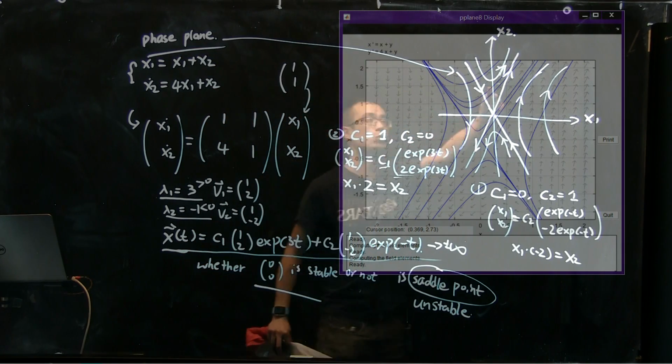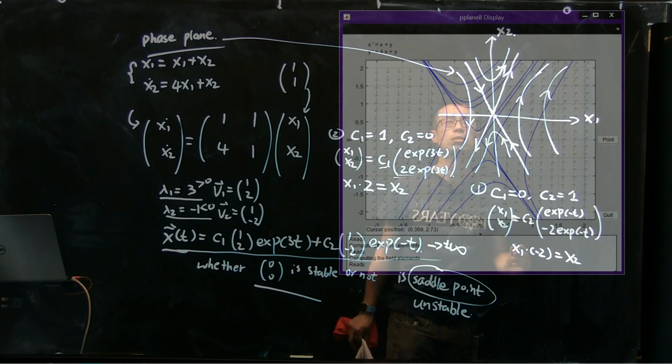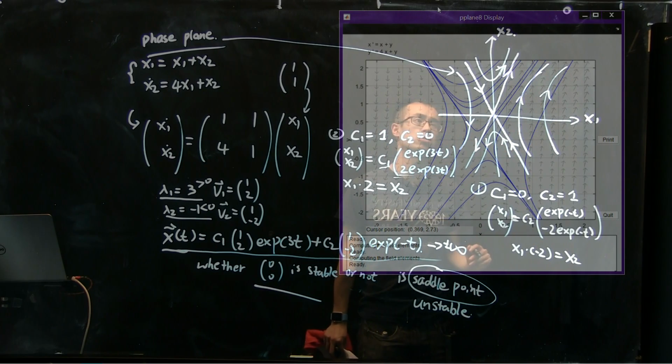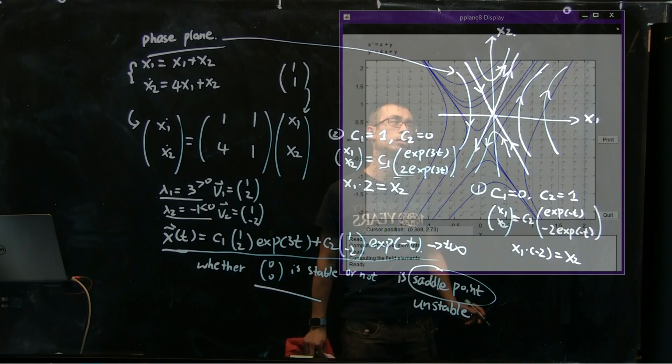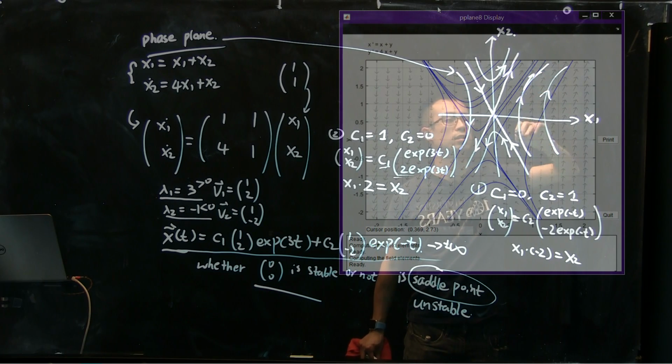But for this case, we don't have arrows, and I just plot some sample trajectory solutions like this, and every trajectory right here corresponds to one of the solutions. If I want to plot these arrows, each arrow at this point would be the tangent vector of that.